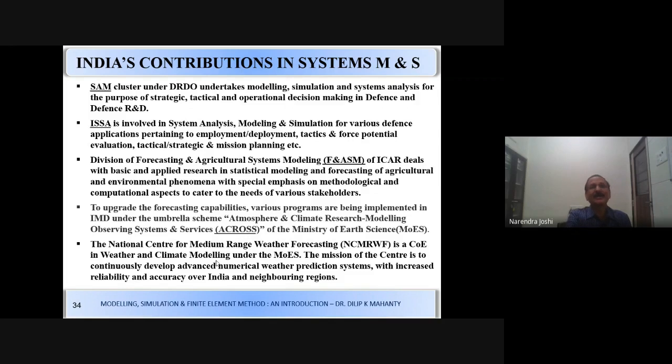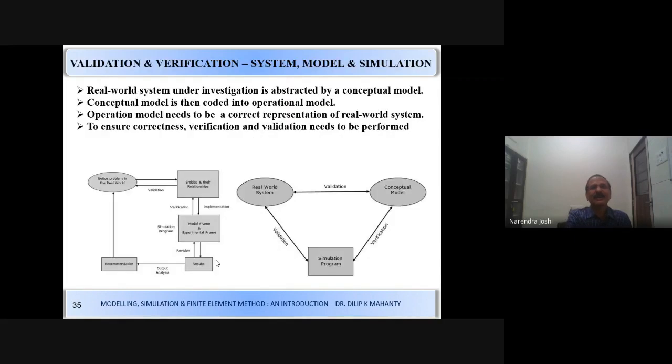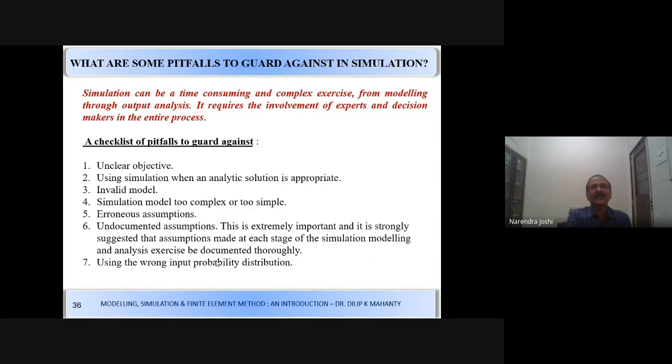Now, ladies and gentlemen, we have more or less tried to get into the modeling systems. Some pitfalls are there which we need to guard against. We need to be very careful: objectives should be clear, input should be proper, model should be proper.